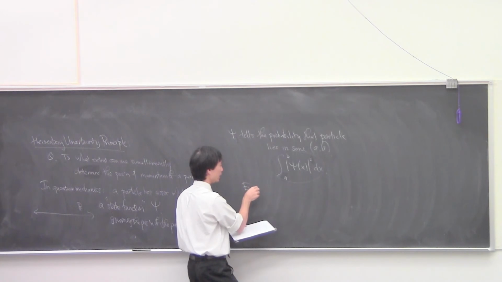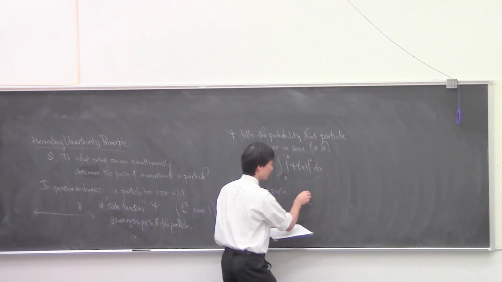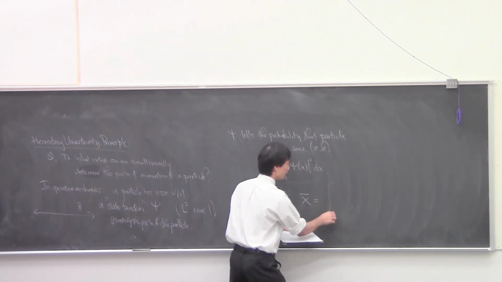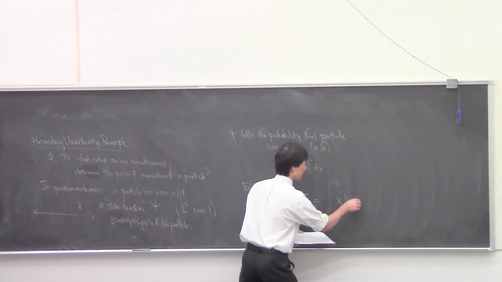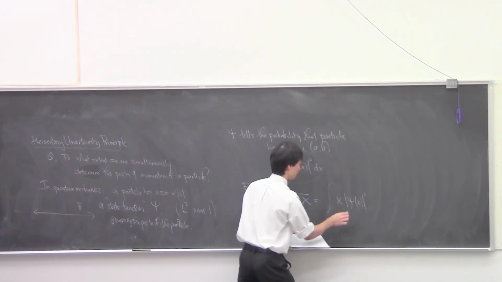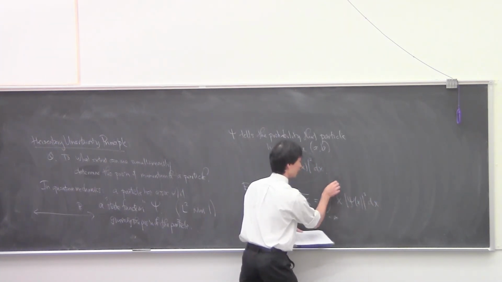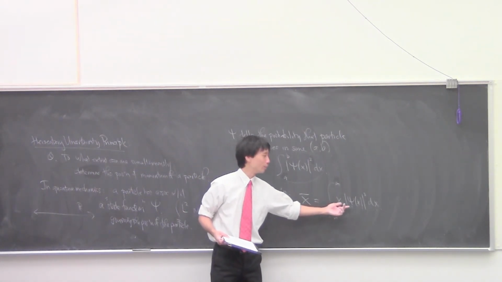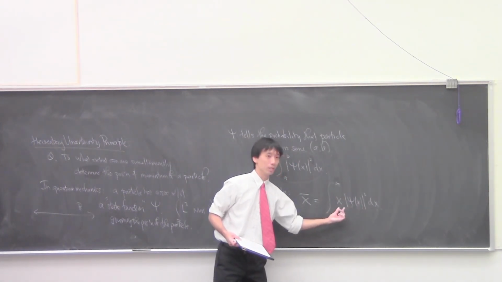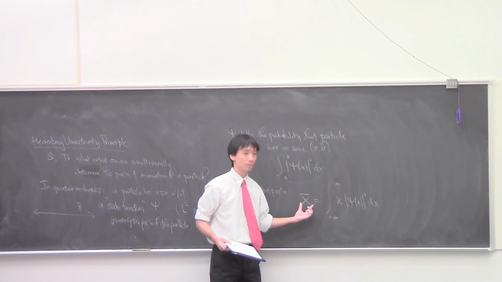Then, if you're thinking about the expected position, denoted by x bar, you probably can guess how to figure it out. You take the position times the probability that you're going to be in that particular position. So this is like an expected value. You take the sum of all those expected values, and you get the expected position.